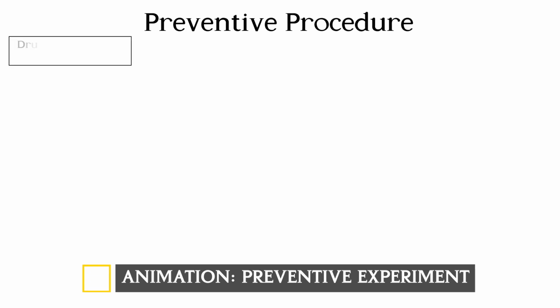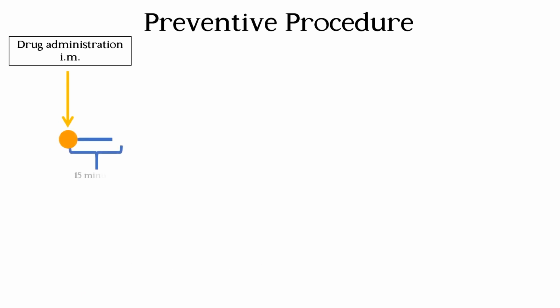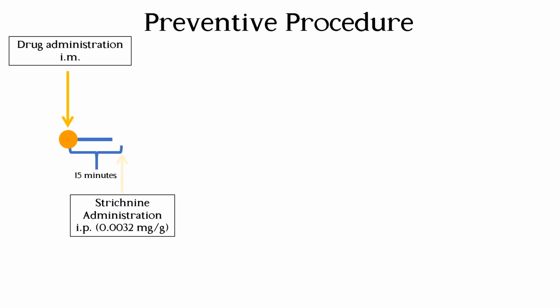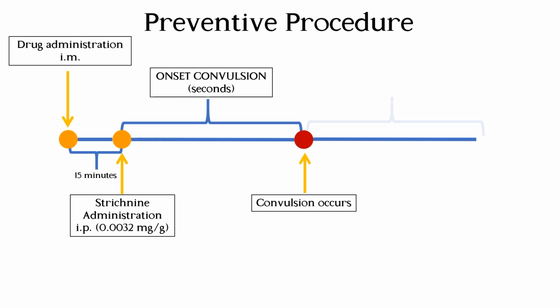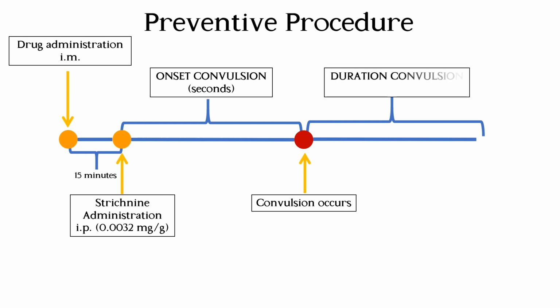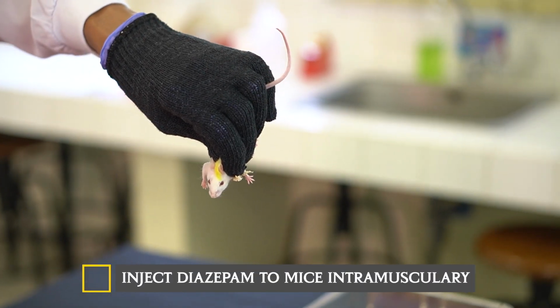The procedures of the preventive experiment are shown in this diagram. Inject diazepam to mice intramuscularly.